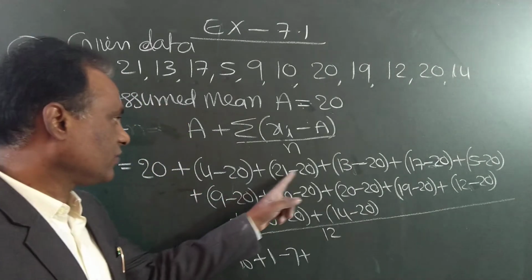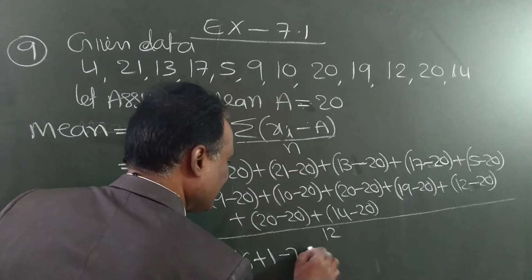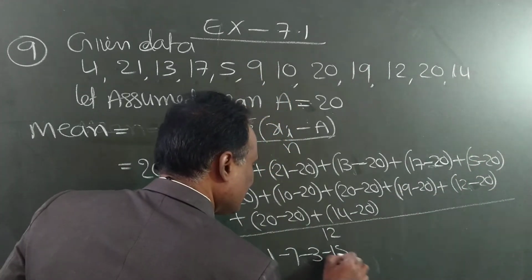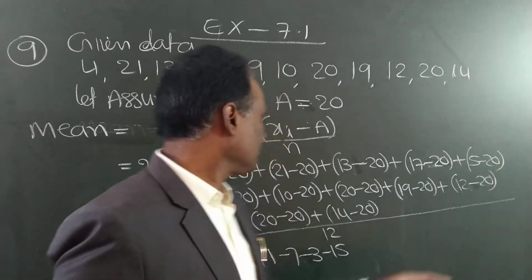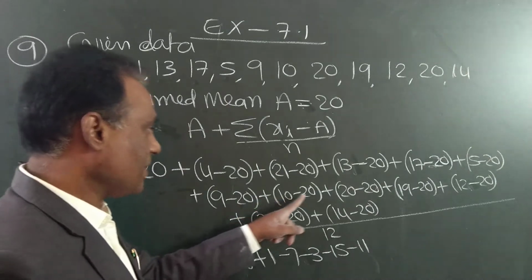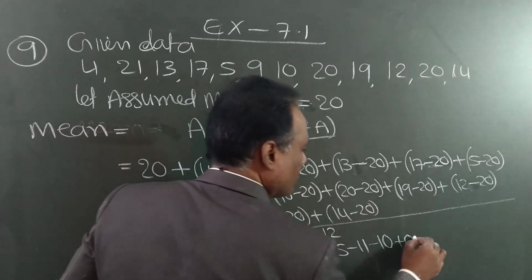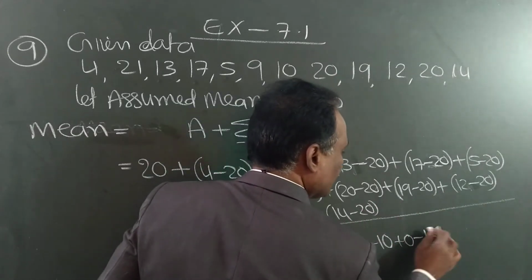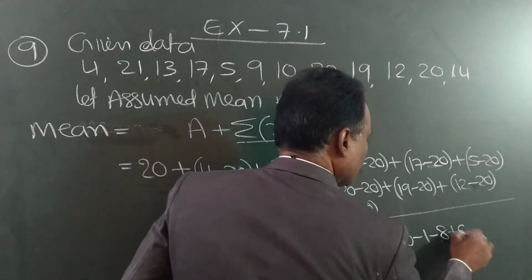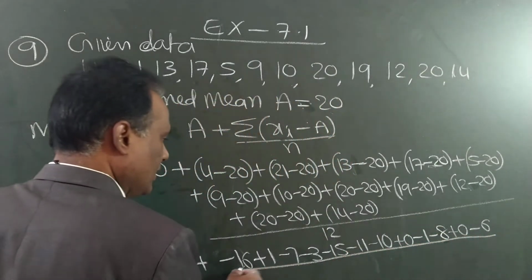So minus 16 plus 1 minus 7, minus 3, minus 3, minus 15, minus 15, minus 11, minus 10, 0, minus 1, minus 8, 0, minus 6, by 12.